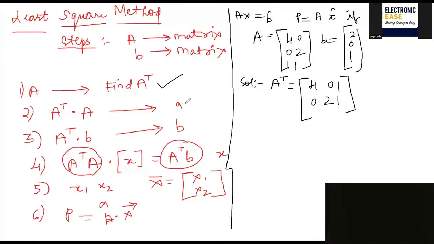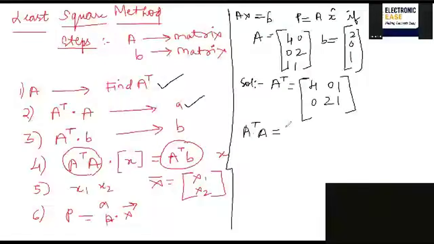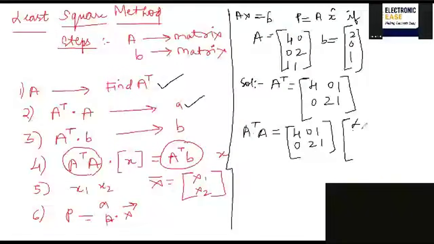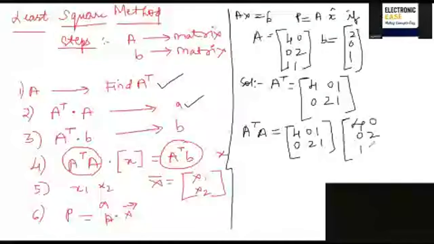If you don't know how to multiply the matrices, children, I'll teach you the steps. So A transpose, 4 0 1, 0 2 1, into A. What is the A matrix? 4 0, 0 2, 1 1.